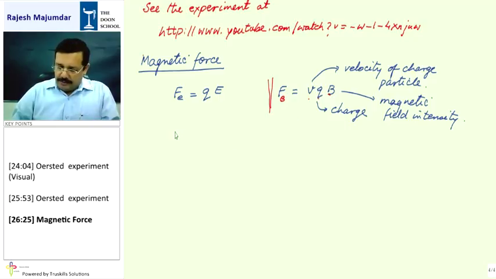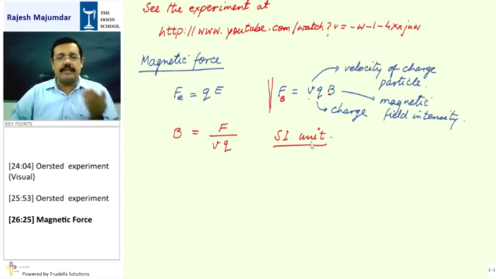From here, the magnetic field value, if we try to find out, is equal to F over V into Q. Now, what is the SI unit from this? We have already discussed the units of magnetic field, but now we are trying to find out the magnetic field intensity unit with the help of this new equation.